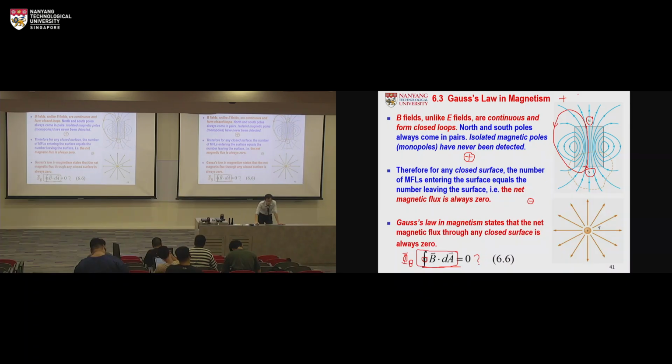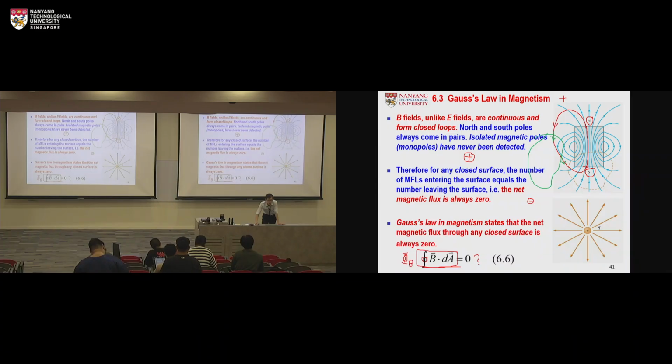And if the magnetic field line is always a loop, then for any kind of closed surface, there will be one point for the same magnetic field line entering the closed surface, and there must be another point leaving it.